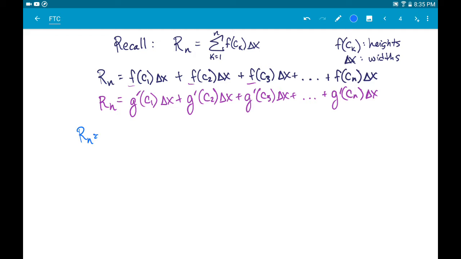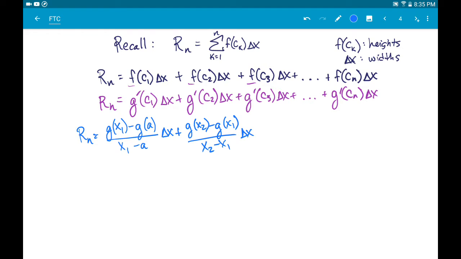We discovered that g prime of c1 was, if I can remember it, g of x1 minus g of a over x1 minus a times delta x, plus the next one was g of x2 minus g of x1 over x2 minus x1 delta x.